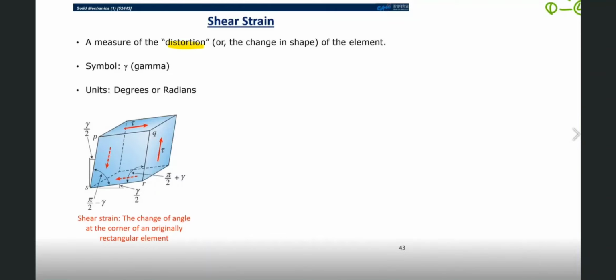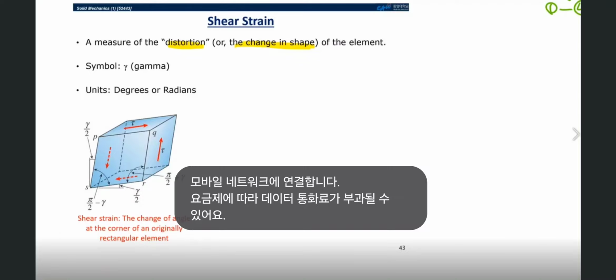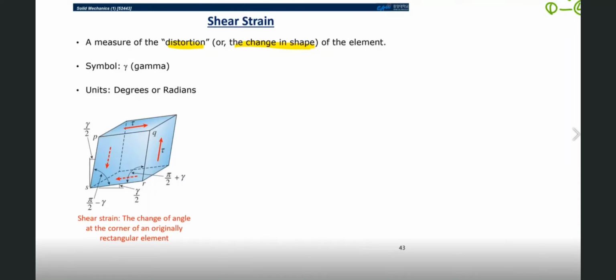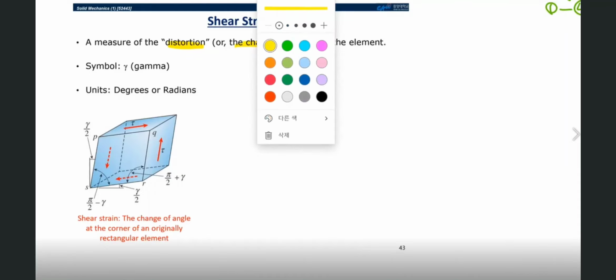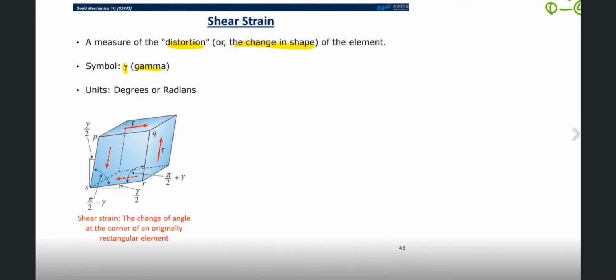So distortion means the change in shape of the element. The measure of the distortion of the element can be identified by the symbol gamma, right? So here, this symbol, we call this gamma.